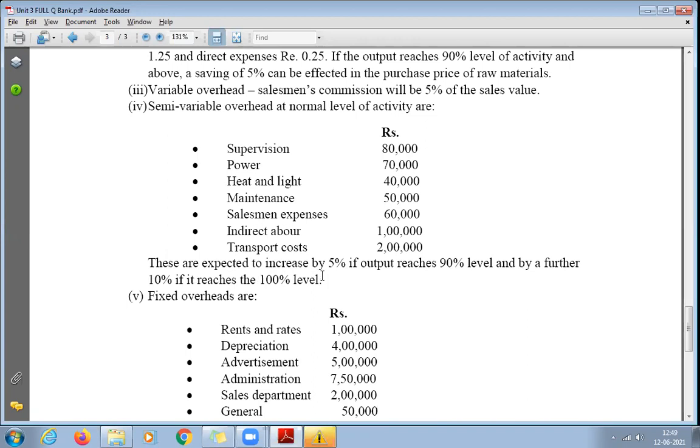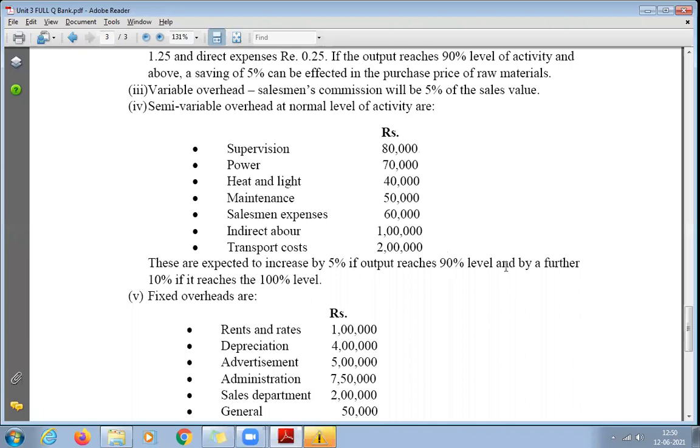And this is expected to increase by 5%. That means all of these costs, that is supervision, power, and all those things, are going to increase by 5% if the output reaches 90% level. How to calculate that? We calculate first 5% of that amount, for example, 80,000 into 5%, and whatever the increase you're going to get, we are going to add to that, and when I add back, I'll get for 90%.